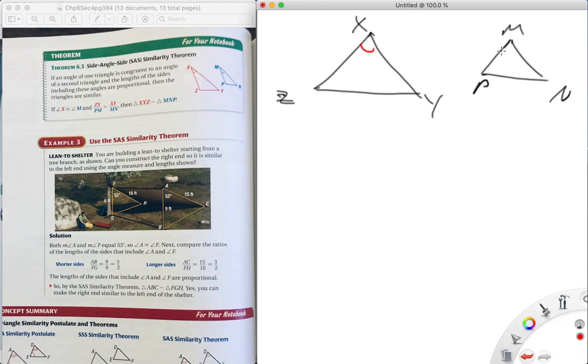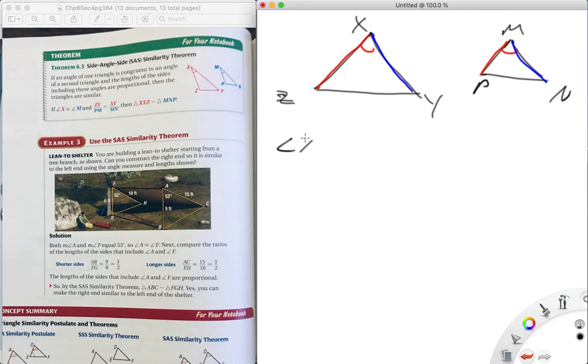This angle and this angle are congruent. And then the sides included in that angle, these two would be proportional, and these two would be proportional. So, an angle, and then the two sides that include that angle are proportional.